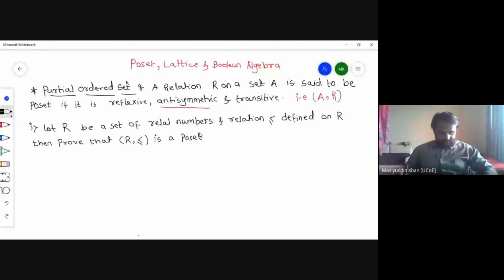So very easy concept here. We have to define one by one. समझने की कोशिश करो because बहुत simple concept है. Question अच्छे से देखो. That is, let R be a set of real numbers and the relation is defined. This is the condition, that is less than or equal to. So reflexive is a very easy concept. Solution I'm writing here. So one by one, again the similar concept, reflexive.